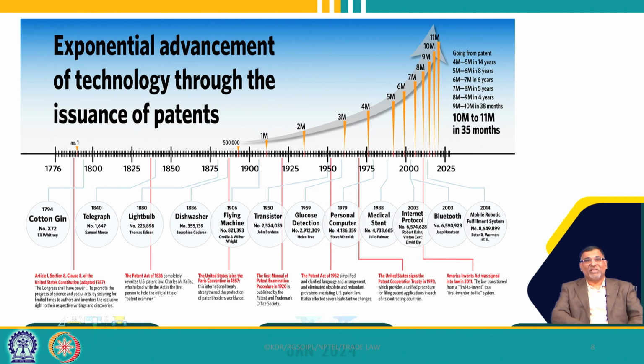So, it is crossing 10 million innovations. You can see famous or path-breaking innovations like the telegraph in 1840, flying machines in 1906, transistors, and the personal computer in 1979, which entirely changed the world.